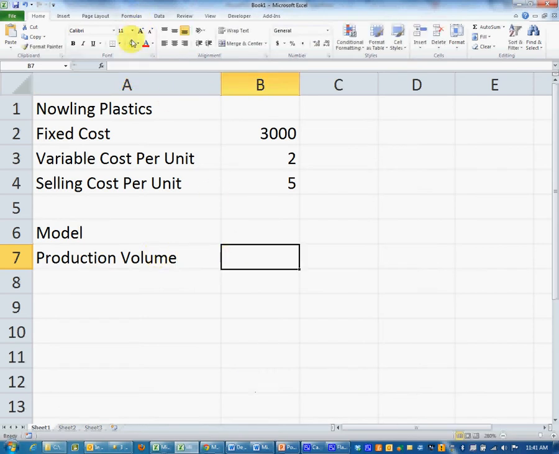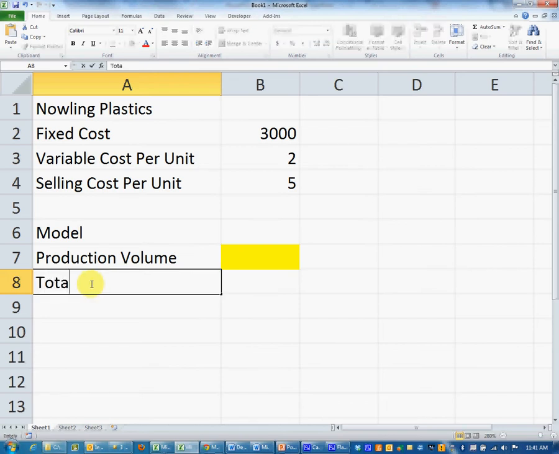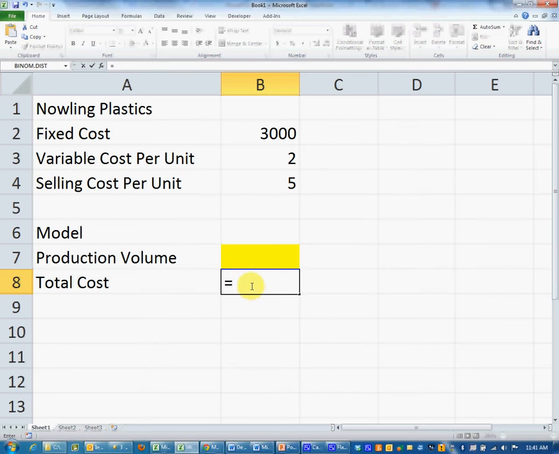Okay, I'm going to color this one yellow just so I know the cell I'm changing. I think the coloring helps a lot of people to focus your eye on what's going to change. Remember I talked about that the other day? Okay, let's do total cost. What's the total cost? Remember, it's the fixed cost plus the variable cost.